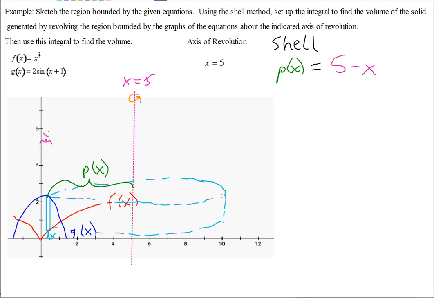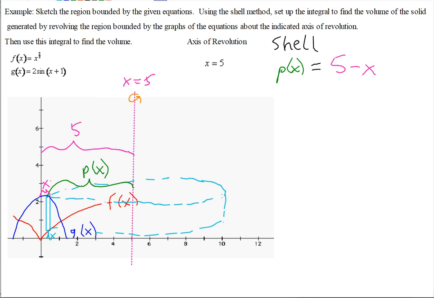That's x. That's the x-coordinate from there to there. And the distance from the y-axis to the line is 5. So if we go 5 minus x, that gives us what the radius is. But again, if you just do the right minus the left, that'll always give you the correct radius.